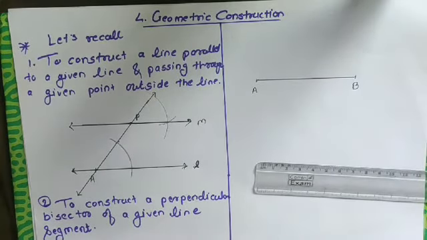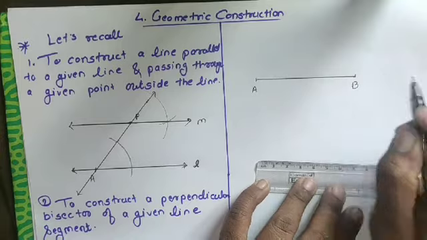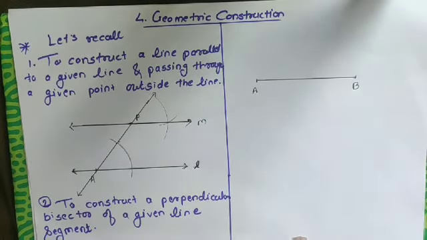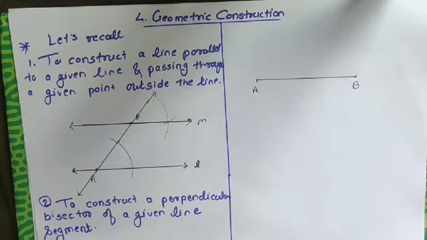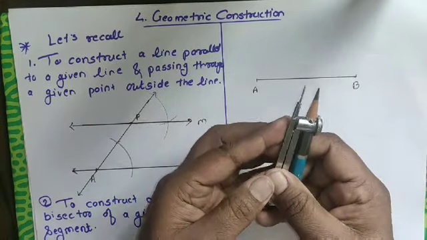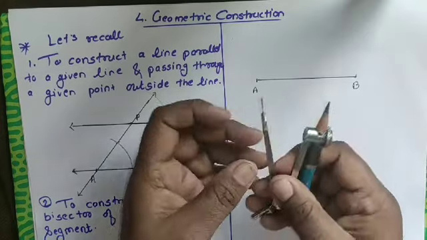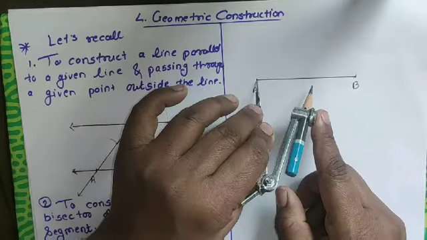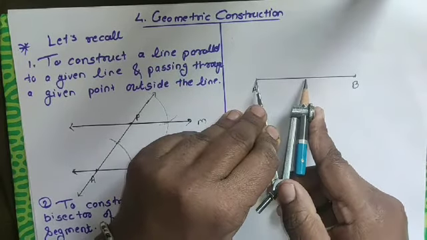And for this line segment AB, I have to draw the perpendicular bisector. First of all you have to take a compass and take a sufficient distance in your compass. Sufficient means more than half of AB.